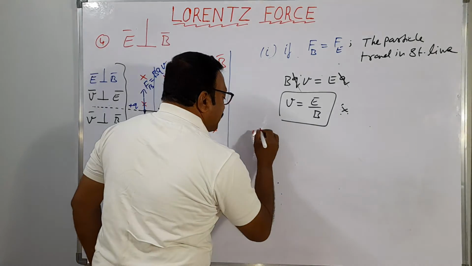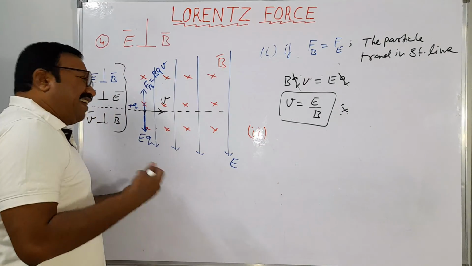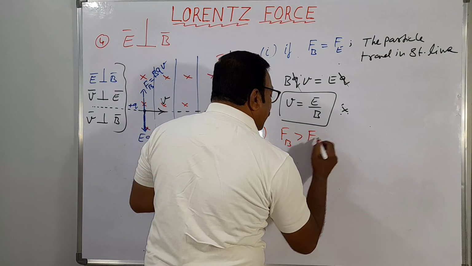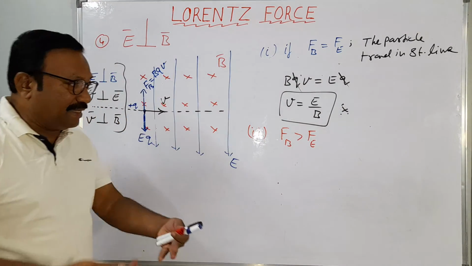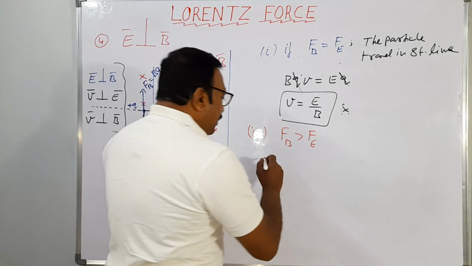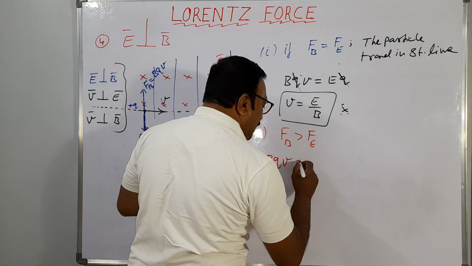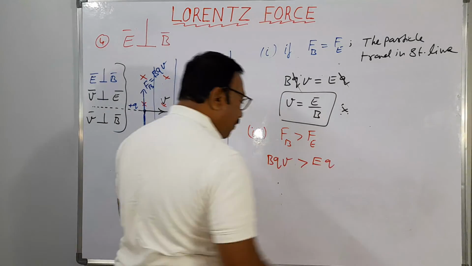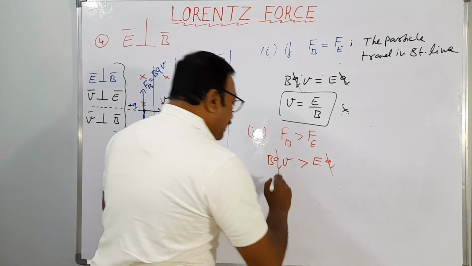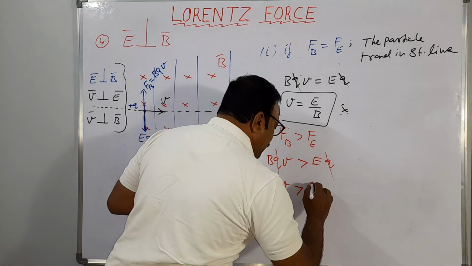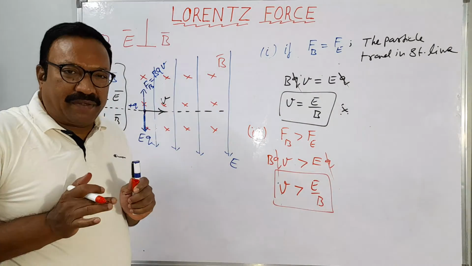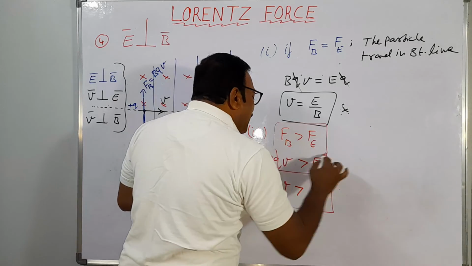Next, second case: maybe the force exerted by the magnetic field is greater than the force exerted by the electric field. Then BQV sin 90 is greater than EQ, so the velocity is greater than E by B. If FB is greater than FE, what happens?